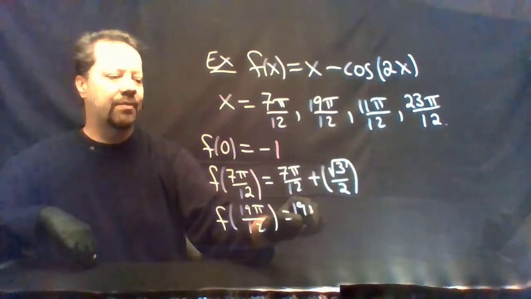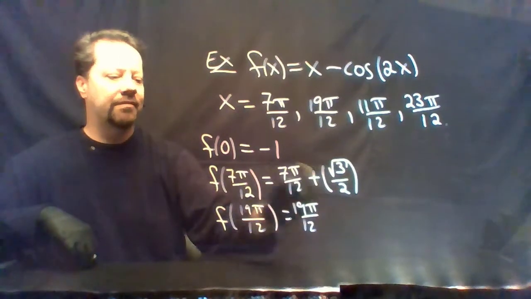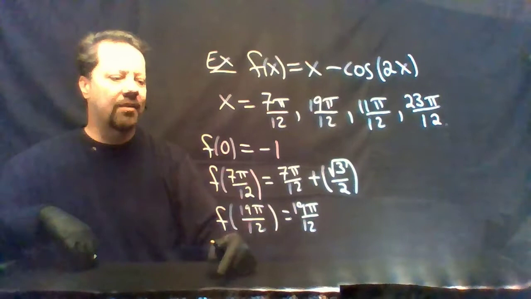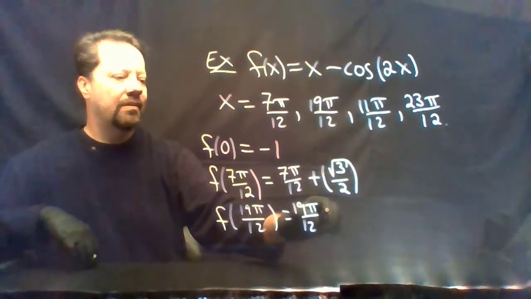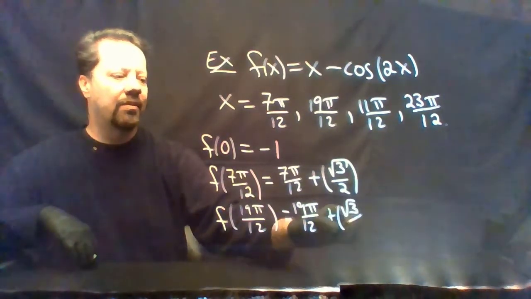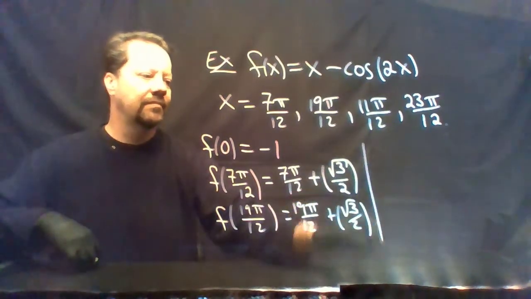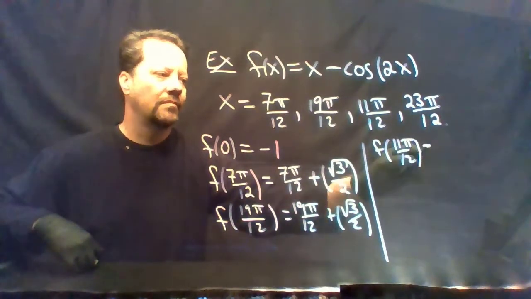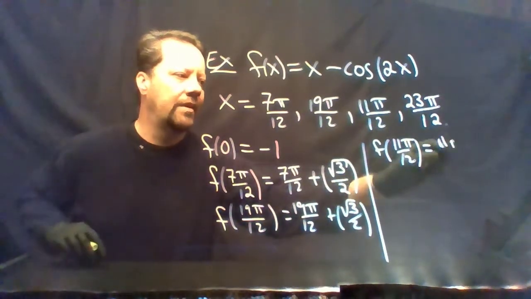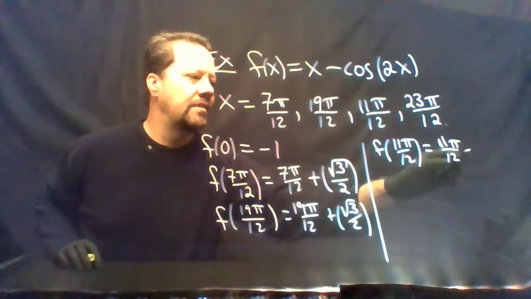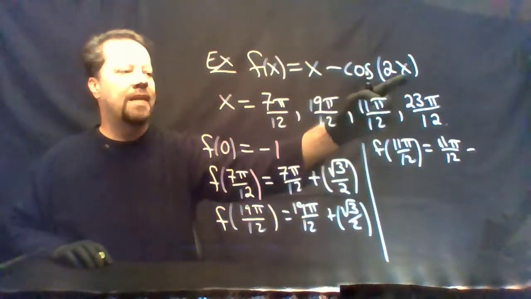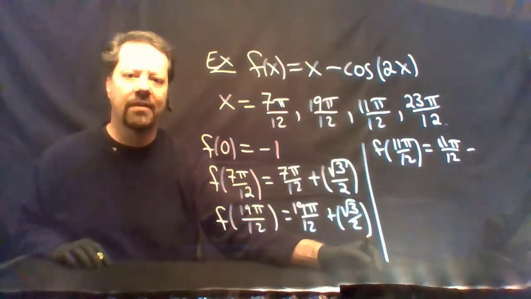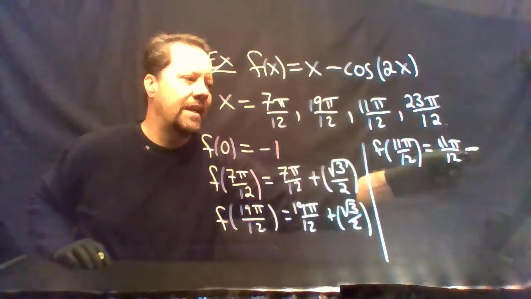F of 19 pi over 12, we get 19 pi over 12. And again, we're in the same quadrant, it's just another time around. And so you get plus root 3 over 2. At 11 pi over 12, you get 11 pi over 12 minus 2 times 11 pi over 12 is 11 pi over 6, which is in quadrant 4, a positive quadrant for cosine, which means we'll still get a minus.